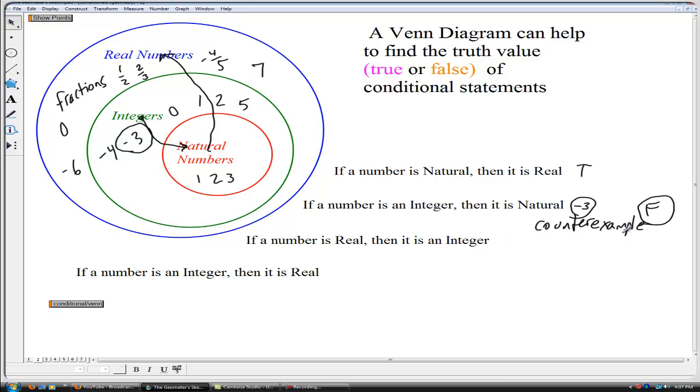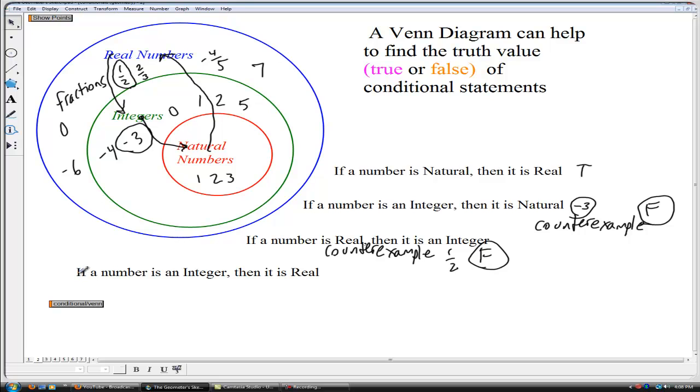Anytime we can find a counterexample to disprove a conditional statement, we've proven it false. So next one, if a number is real, then it is an integer. So now we're starting from outside and going in, and right away I can find a counterexample, 1/2. So my counterexample for this conditional statement would be 1/2, and therefore my conclusion is this is a false conditional statement.